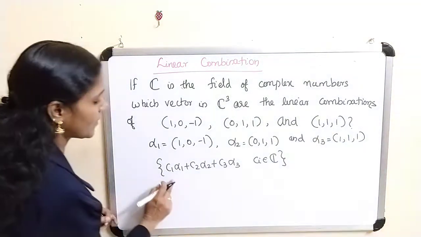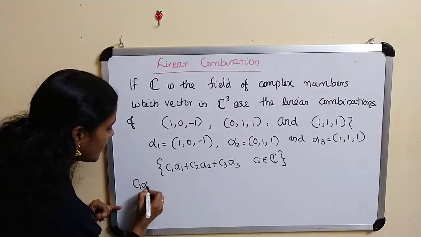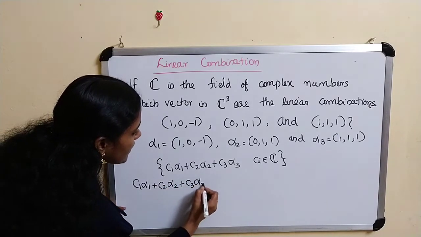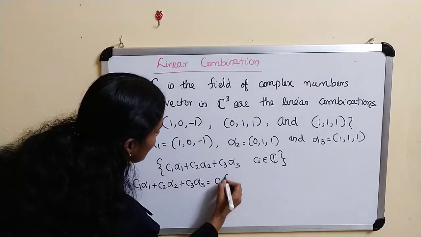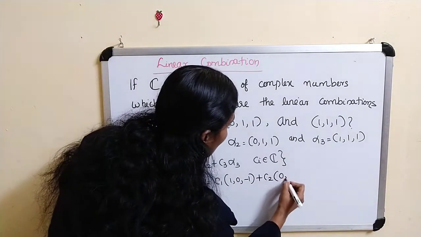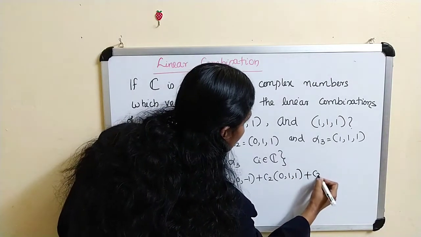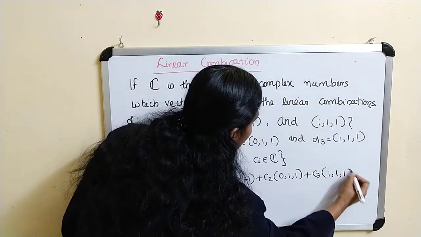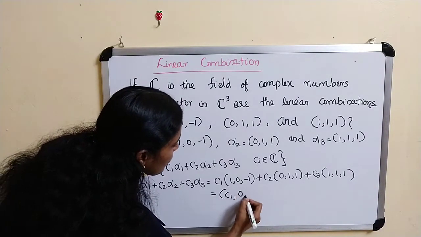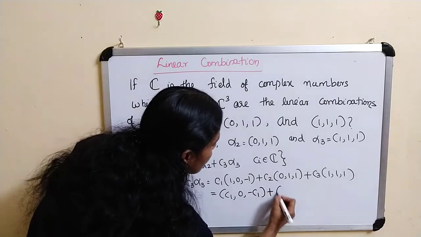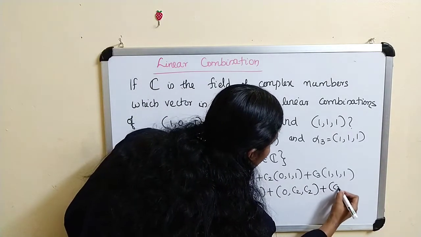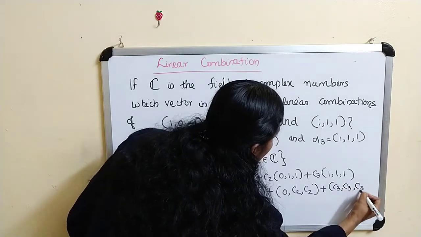Now what is this? C1 alpha 1 plus C2 alpha 2 plus C3 alpha 3 is equal to C1 into (1, 0, minus 1) plus C2 into (0, 1, 1) plus C3 into (1, 1, 1), and this is equal to (C1, 0, minus C1) plus (0, C2, C2) plus (C3, C3, C3).